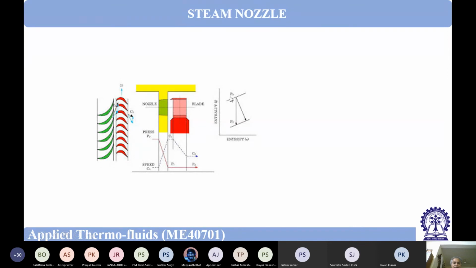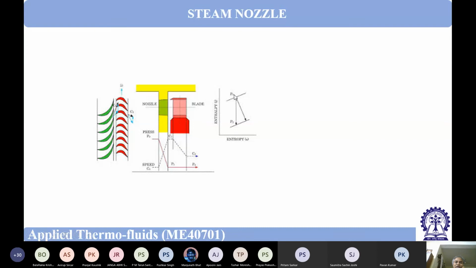And this side is the enthalpy. If it is isentropic expansion in the nozzle, then there should be a drop in pressure like this, a vertical straight line. But it is not like that, so there will be some sort of loss.